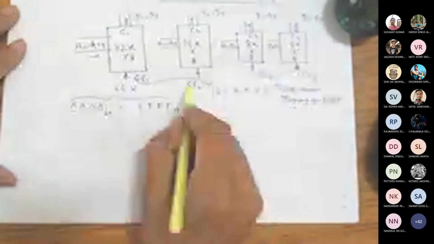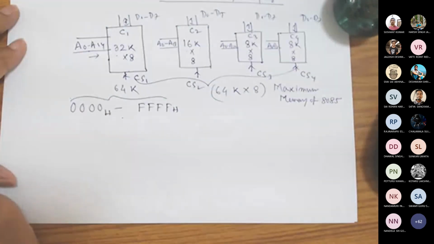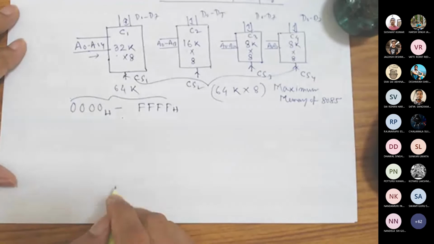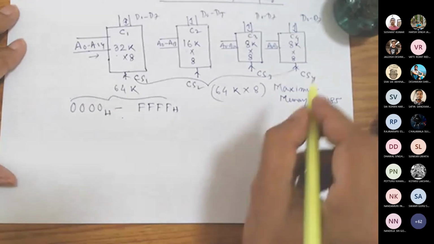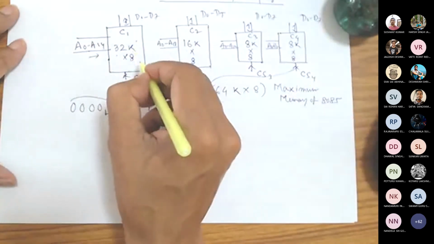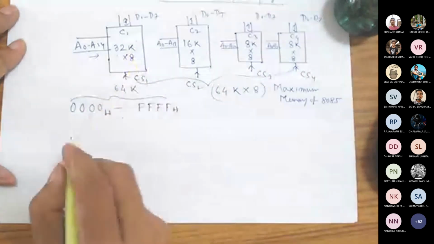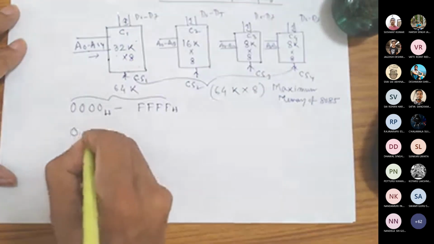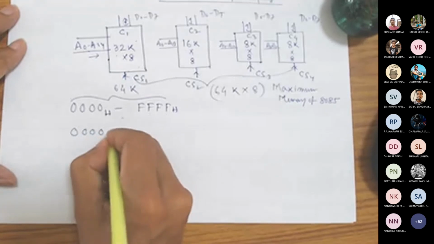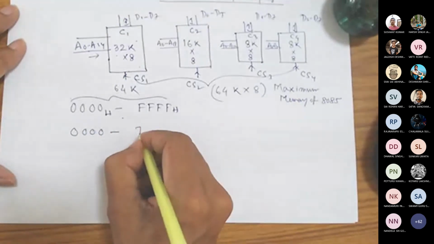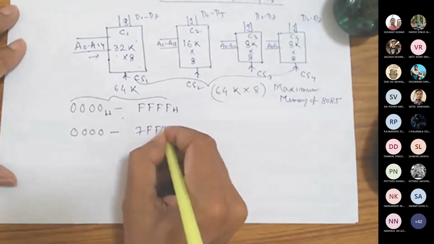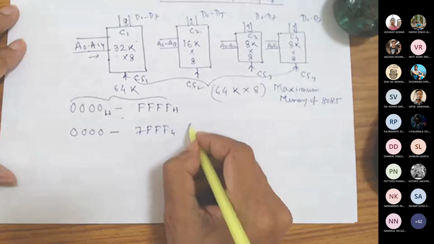We need to generate these chip selects. Now, if I define the range, let me tell you that I make this one the range. It is 32K. So for 32K, I can write it like this. Its range may be 0000 to 7FFF. This range is 32K.